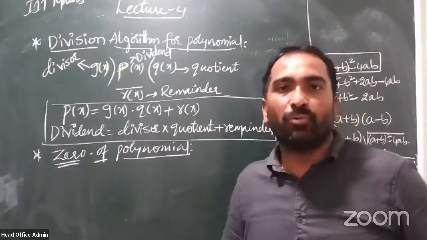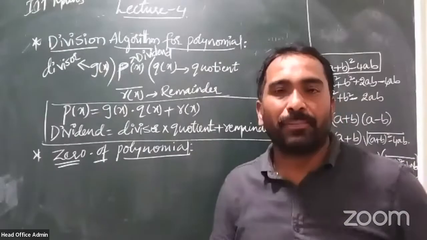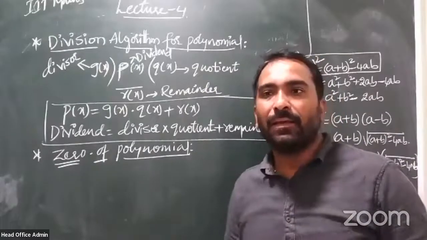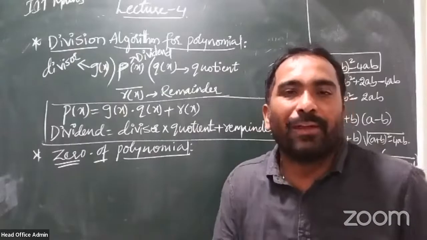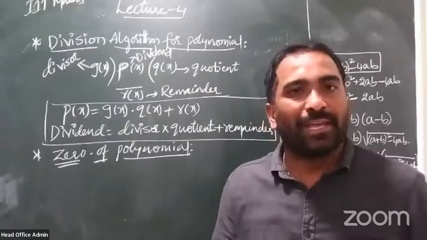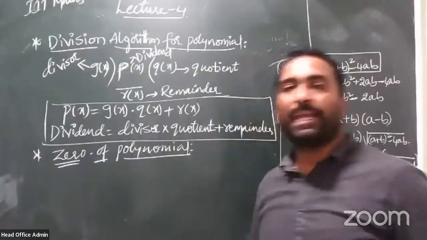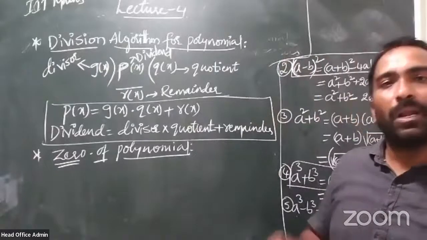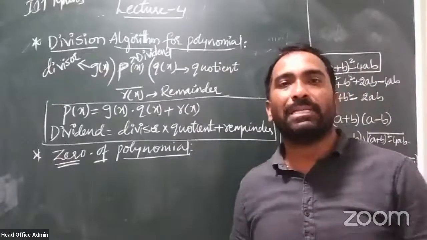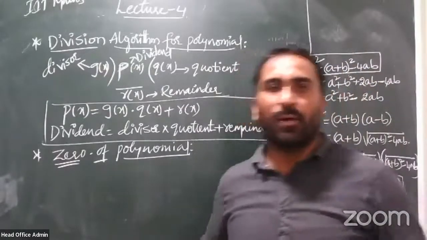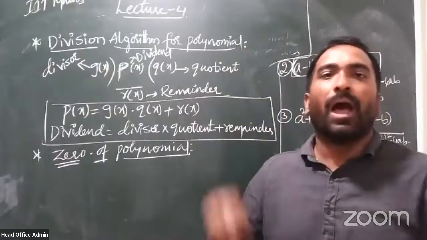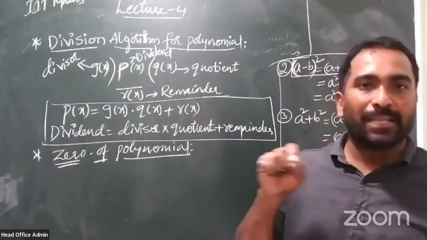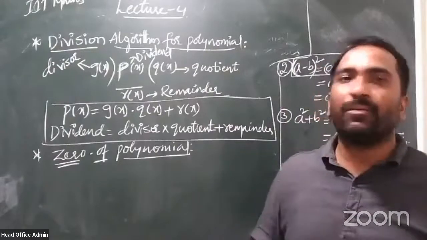When you equate it to 0, we find the unknown value, which is the variable, like x, y, p, z or c, whatever variable lies inside the polynomial.